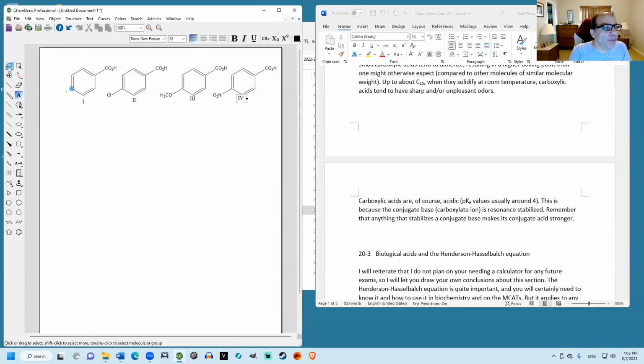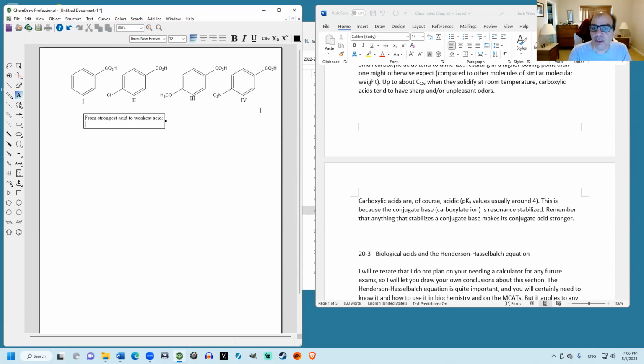So if we were to label these in order from strongest acid to weakest acid, the strongest acid is going to be the one that removes the most electron density from CO2 minus when you make the conjugate base, because we want to spread out that electron density.